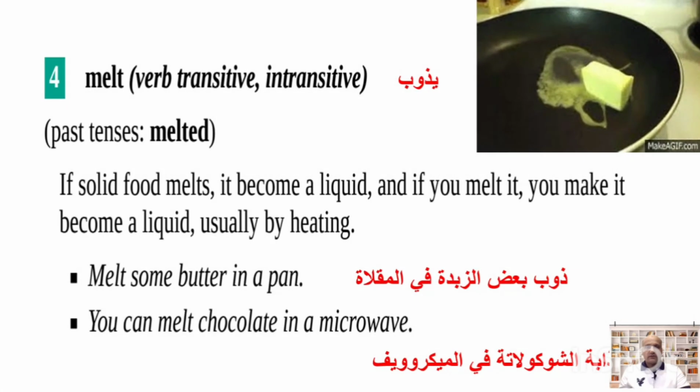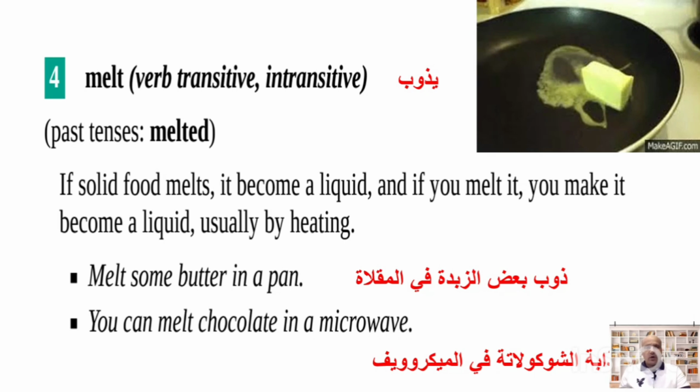Number 4, melt. This verb can be transitive and it can be an intransitive verb. Of course, I know that maybe you are asking what is the meaning of transitive and intransitive verb. I will create a video about that, but until then, just know this verb can be both transitive and intransitive.